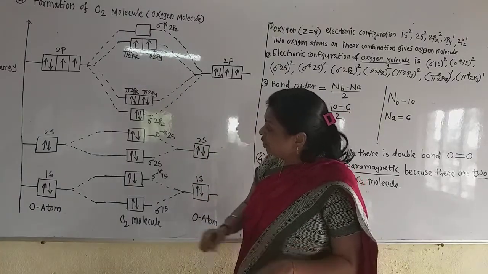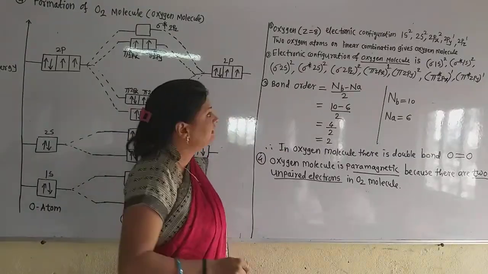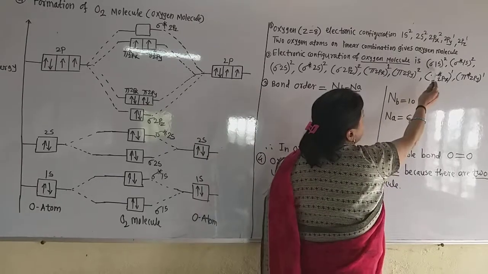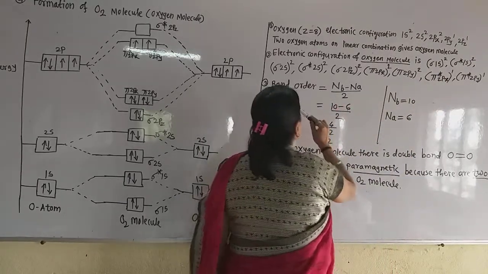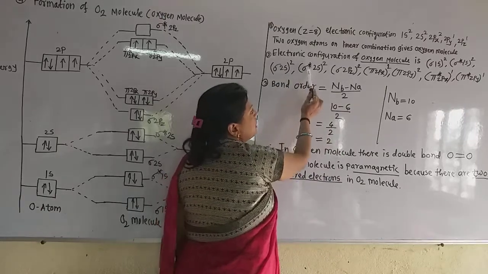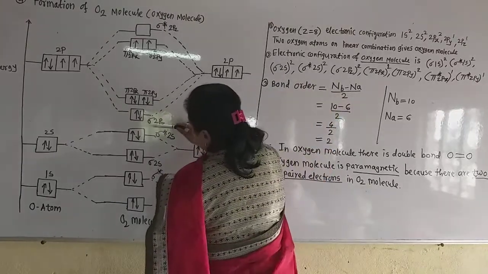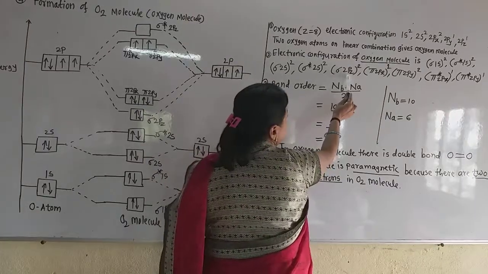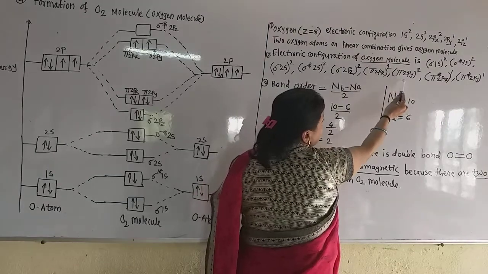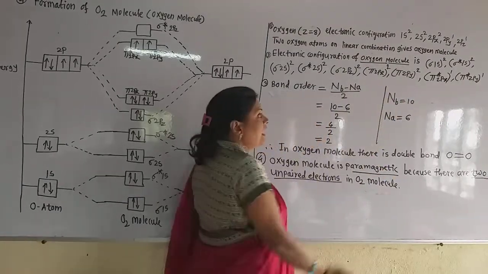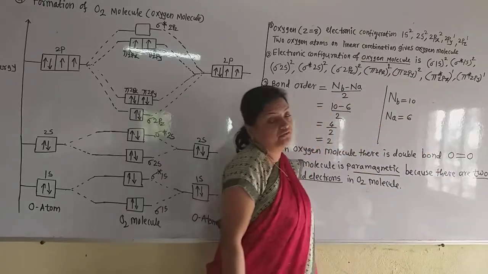So the electronic configuration of this oxygen molecule is: sigma 1s2, sigma star 1s2, again sigma 2s2, sigma star 2s2. First comes sigma 2pz, so sigma 2pz2, then pi 2px2, pi 2py2, and the pi star 2px and pi star 2py have only one electron each.